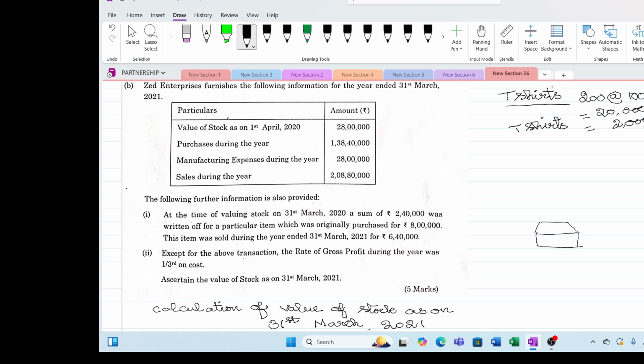So total goods, I have spent some cartage, freight inwards, because I cannot bring all those things on my own. So I spent some cartage inwards. So that is around 3,000. You take it like this. So what is the total goods in my business?